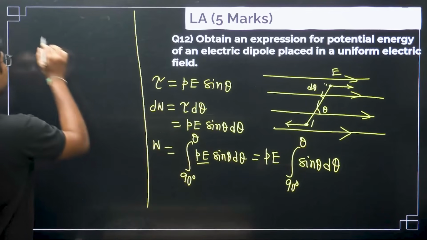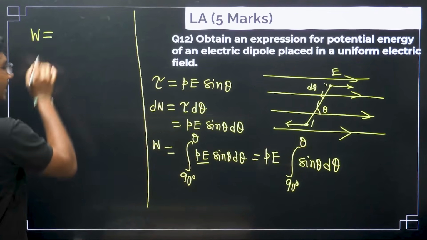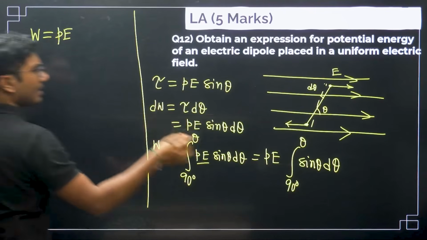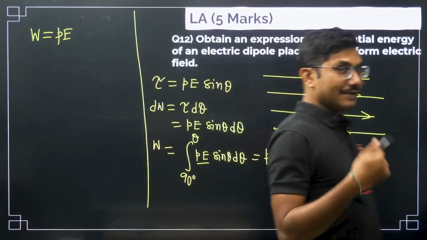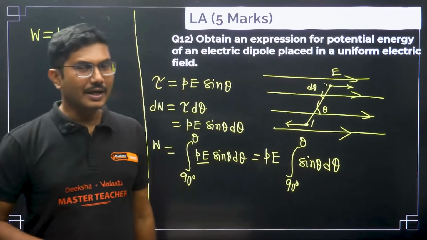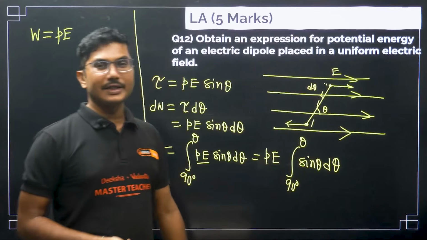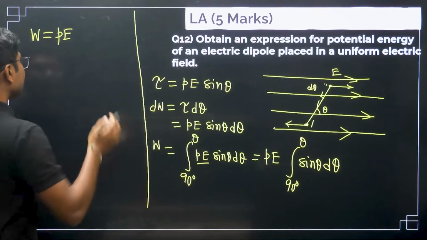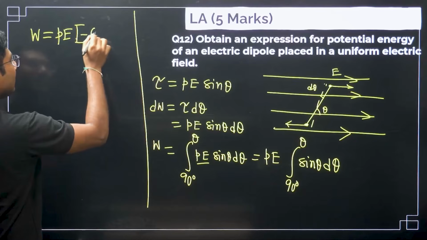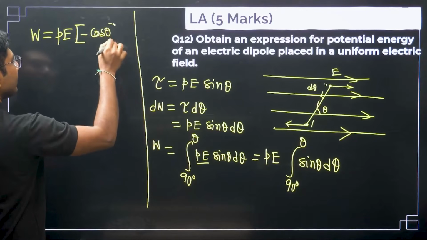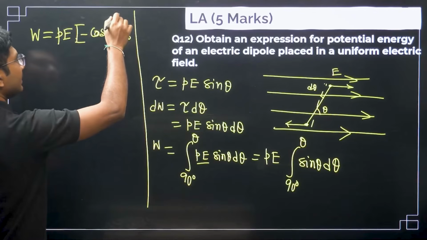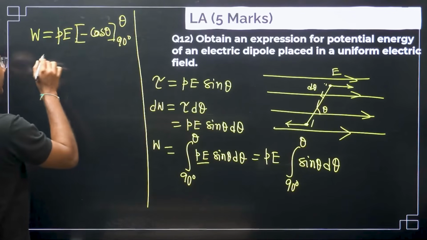Okay, so what is work done now? PE is constant, it will come out. Differentiation of cos theta is minus sin theta, so integration of sin theta will be minus cos theta. Integration is nothing but the opposite of differentiation. Now let's put the upper limit first.